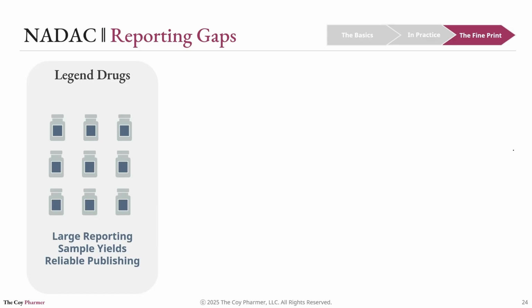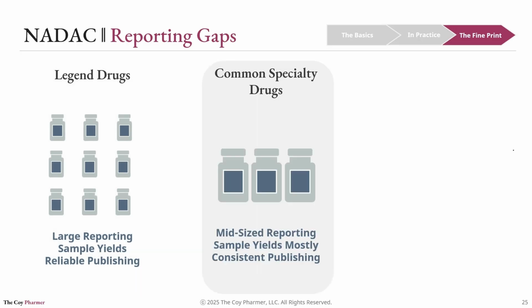Lastly, if we look at the type of drugs that are included in the NADAC index, there are many products that are included. So we look at the legend drugs. There's a large reporting sample. It yields relatively reliable publishing for NADAC. Next, we have more common specialty drugs. For example, some products for autoimmune, products that have been on the market for a long time.